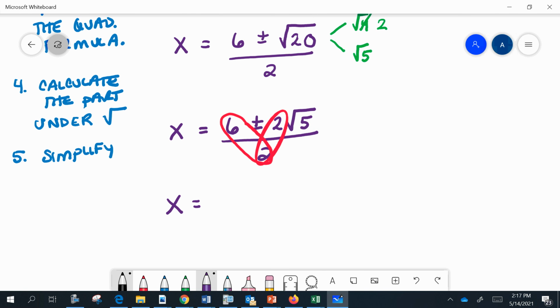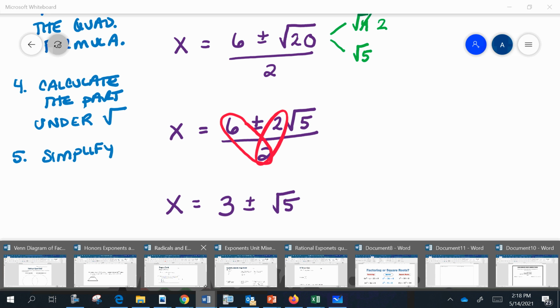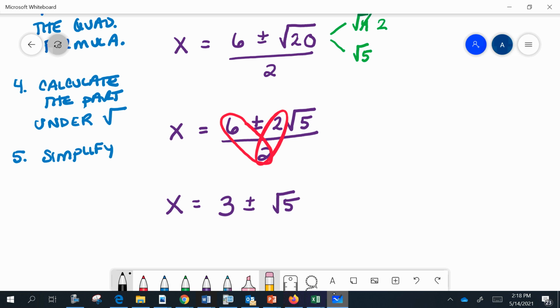X equals 6 divided by 2 is 3, plus or minus 2 divided by 2 is 1, and really it's optional whether or not you want to put the 1 in front. A lot of times you won't see the 1 in front, okay? But that is how it's going to work, and this would be our final exact answer, okay?